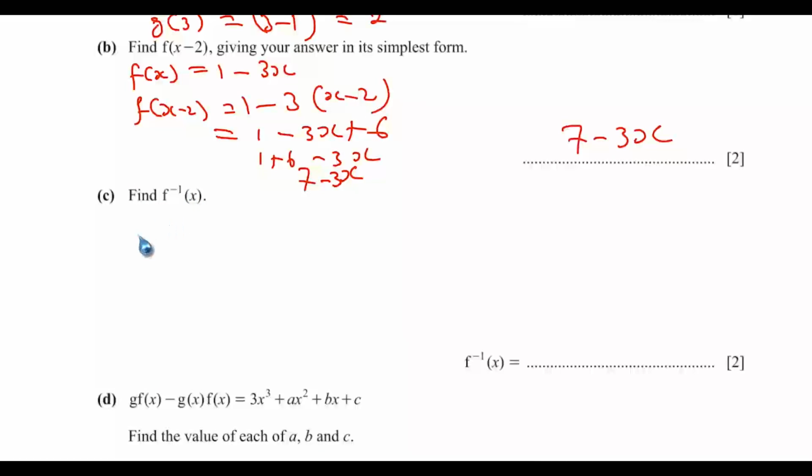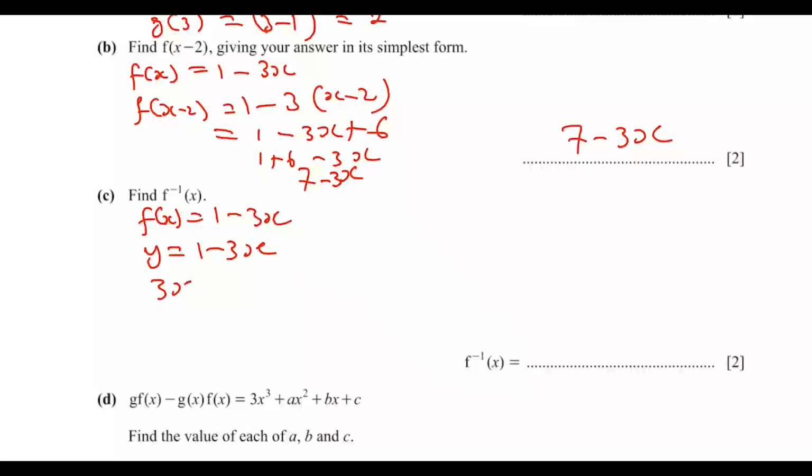So let's repeat f of x. So f of x is given as 1 minus 3x. So in this case, let f of x be equal to y. So that means we're going to have y equals 1 minus 3x. Then let's make x the subject of the formula. I think we can take the other way around.